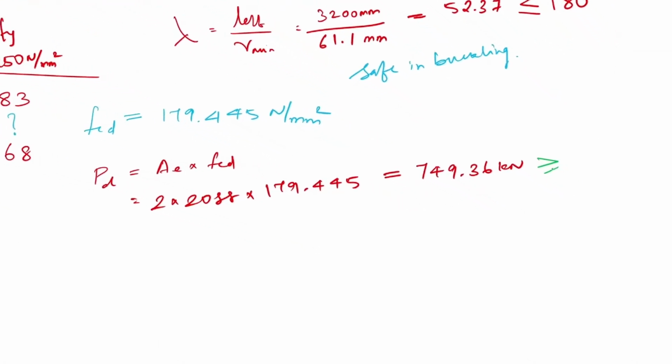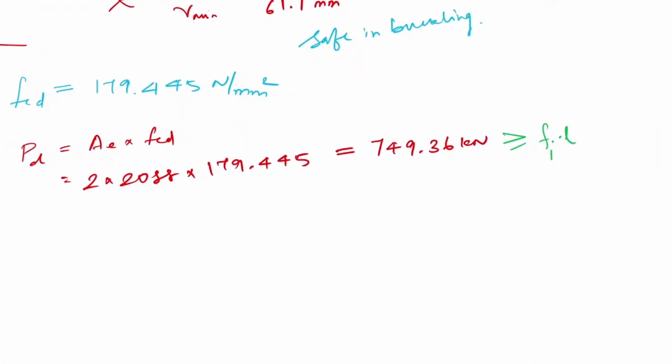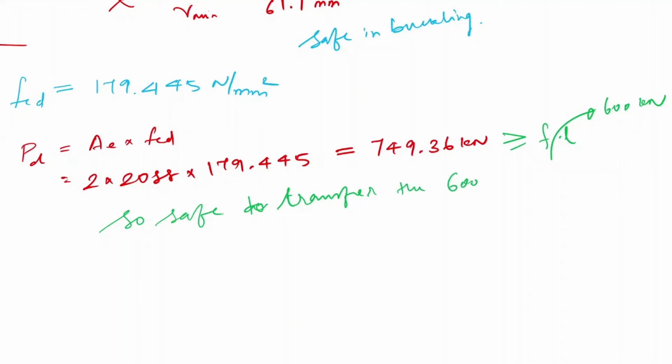That is well above the factored load of 600 kilonewton. So the chosen compression member is safe to transfer the axial factored load of 600 kilonewton. It is safe. Okay, now we have designed a compression member. And now we need to design the batten.